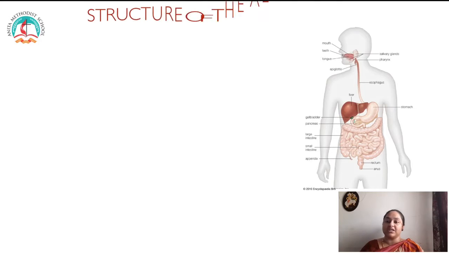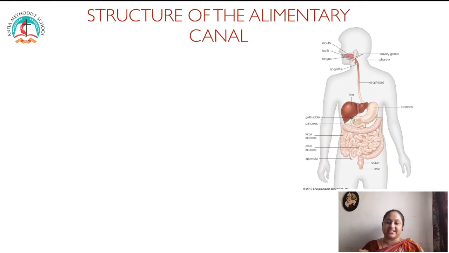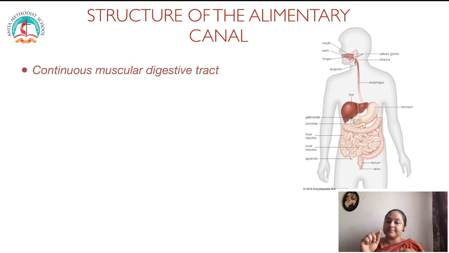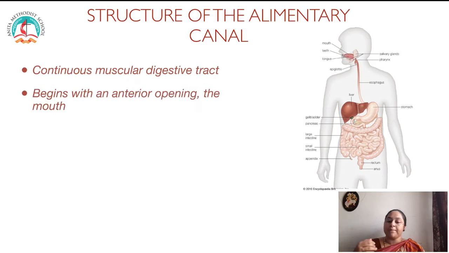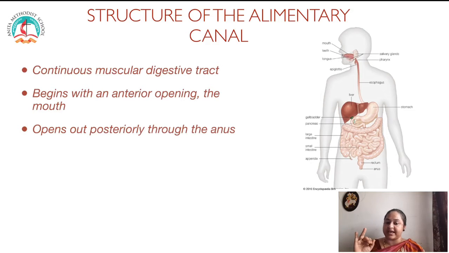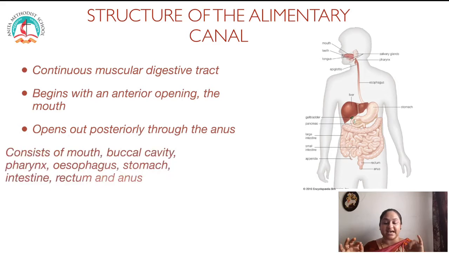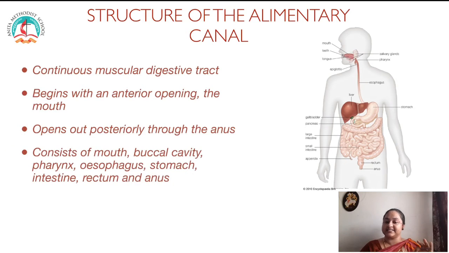The alimentary canal is a continuous muscular digestive tract, and it begins with the anterior opening, the mouth. It opens out posteriorly through the anus, and it consists of the mouth, buccal cavity, pharynx, esophagus, stomach, intestine, rectum and anus.